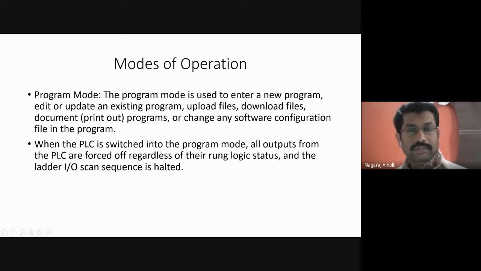When the PLC is switched in this program mode, all outputs from the PLC are forced off. This is an important point. When the PLC is switched in the programming mode, all the outputs will be in the off state. Regardless of the input, whatever may be the input, the output will be in the off state, and the scan cycle will also be in the off state. The scan cycle is halted.